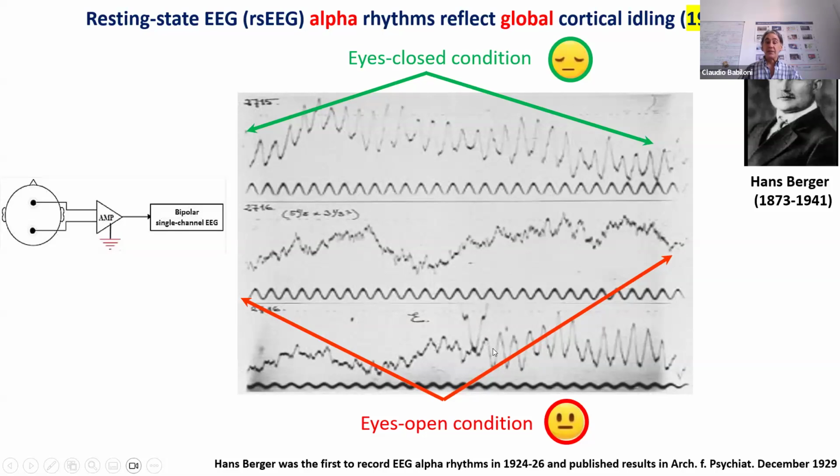And you see in the final part of the recording that the ample oscillation at about 10 Hz appeared again, to demonstrate that this ample oscillation of EEG activity at 10 Hz is strictly related to eyes closed, and so visual sensory deprivation.